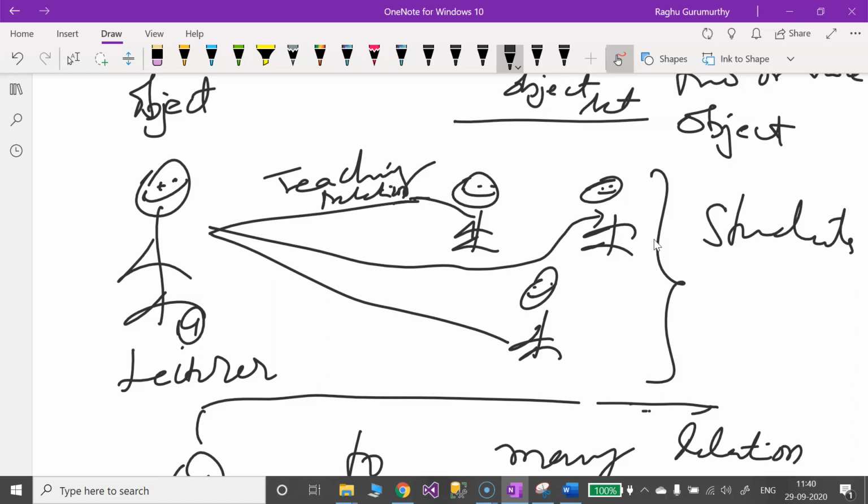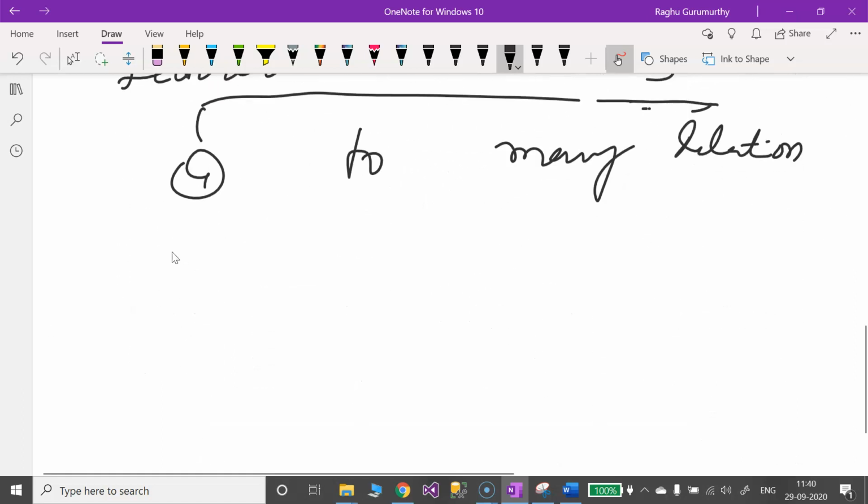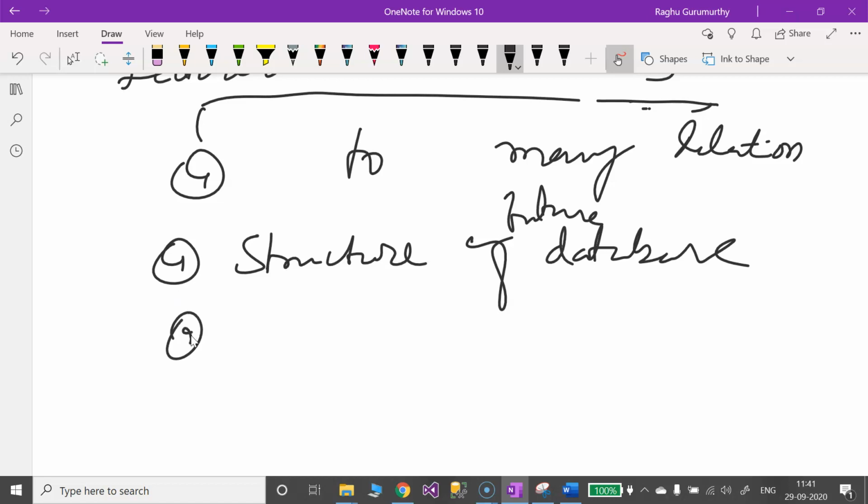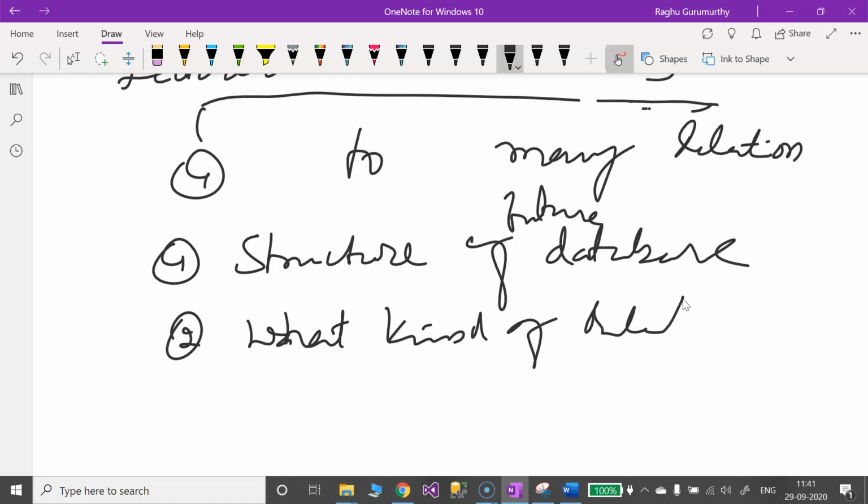What's the need of expressing things in the ER model? The first need is that we know the structure of the future database. If you design an ER diagram, we know how exactly we can design the structure of our future database, and we know what kind of relationships are possible.